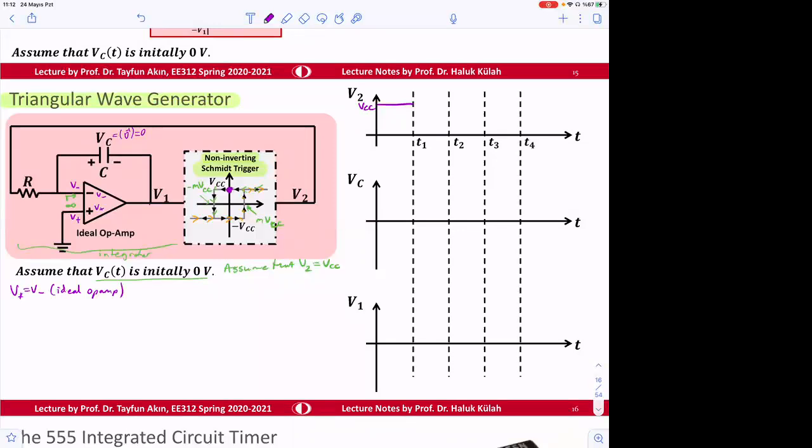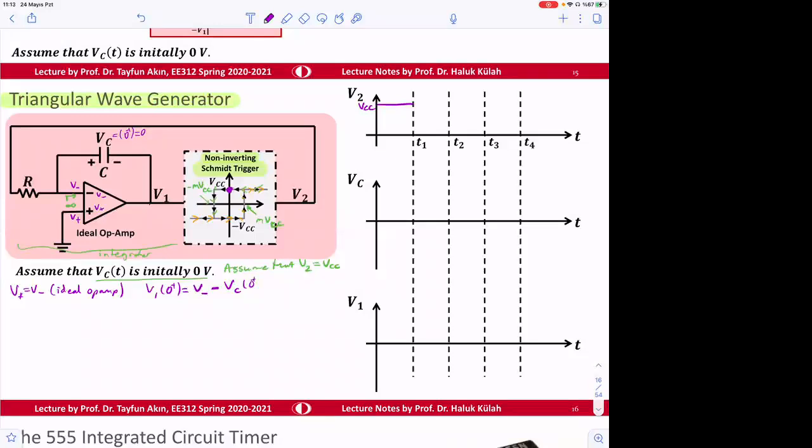Response. So therefore, when we say V1 at 0 plus is going to be equal to V minus plus or minus VC. The capacitor is defined like this.